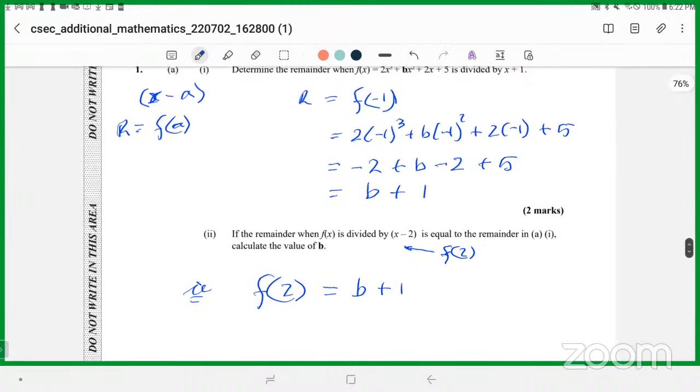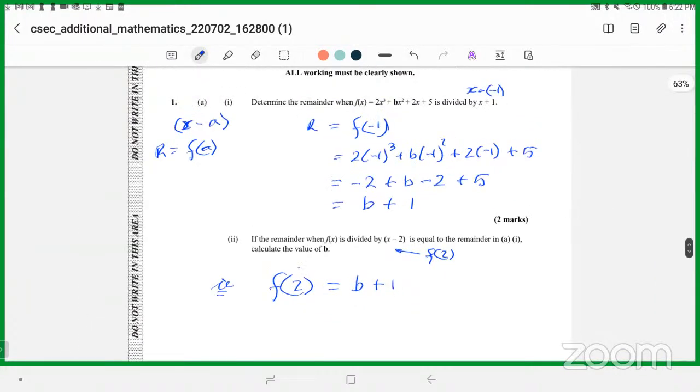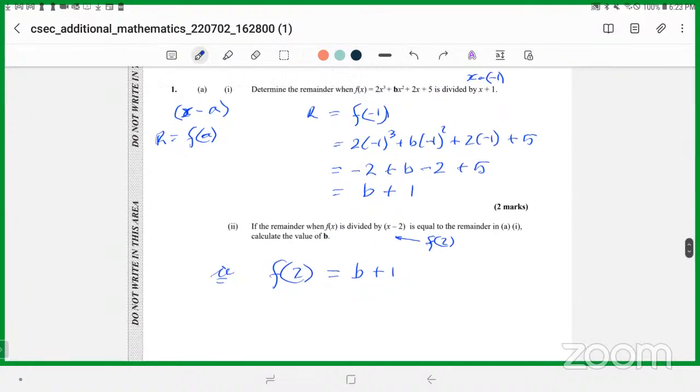So we just need to now calculate what f of 2 is by substituting the 2 again for the x in the function here, and we end up with an equation that we can use to calculate b. So it's going to be 2 times 2 cubed plus b times 2 squared plus 2 times 2 plus 5. This will give us f of 2.